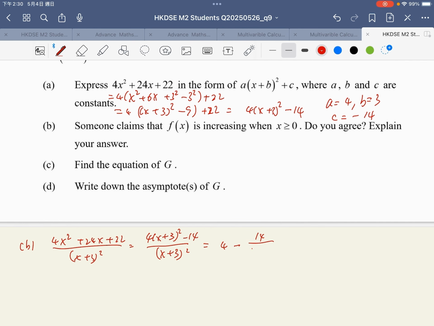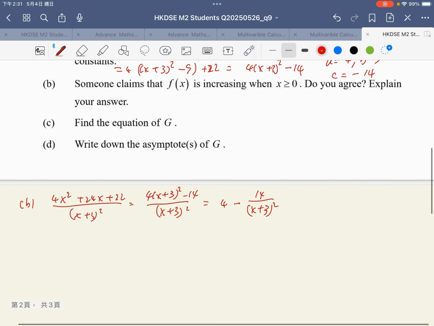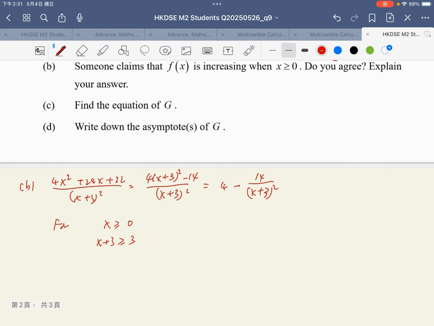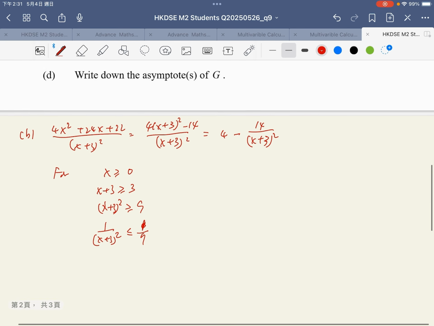One part is 4 minus 14 over (x plus 3) all square, and then for x greater than or equal to 0, x plus 3 is greater than or equal to 3, then x plus 3 square is greater than or equal to 9. 1 over (x plus 3) square is less than or equal to 1 over 9.